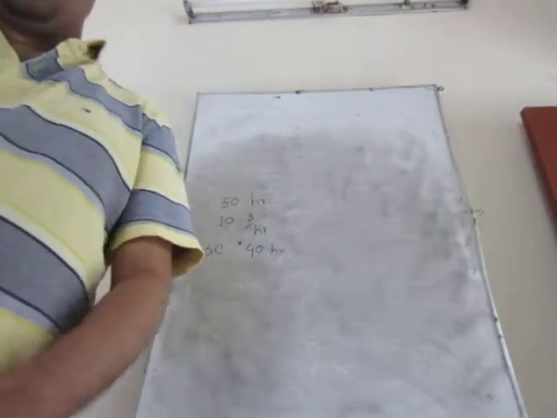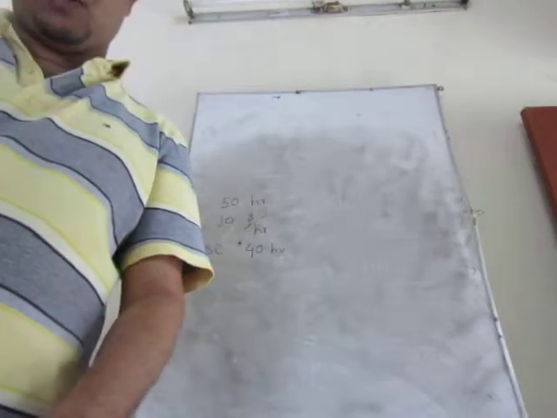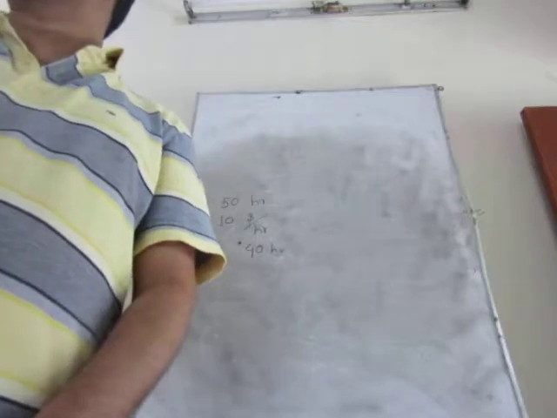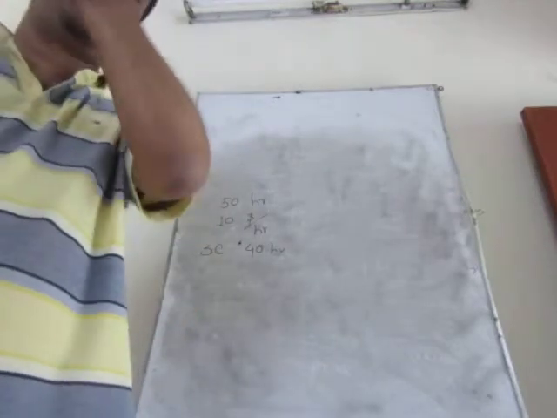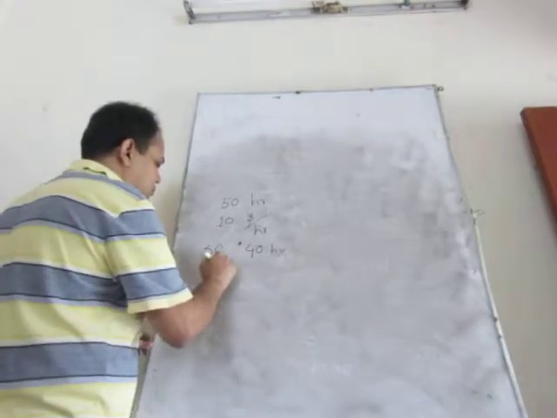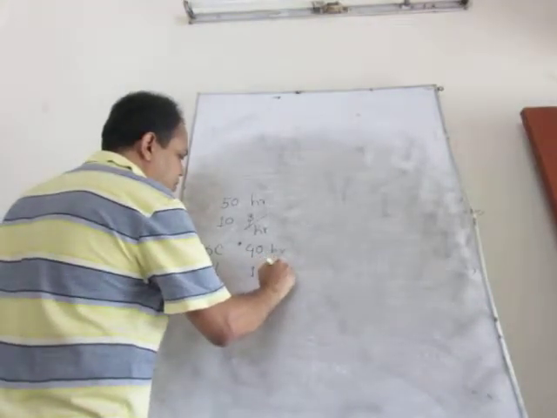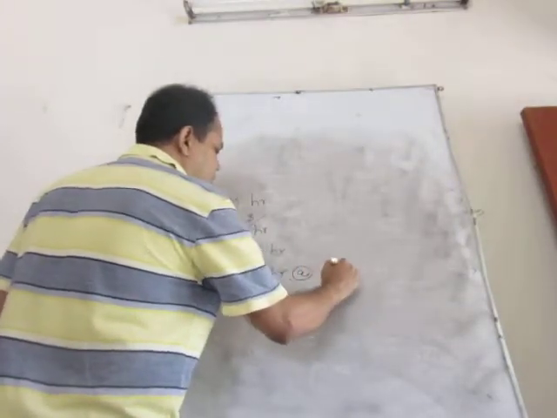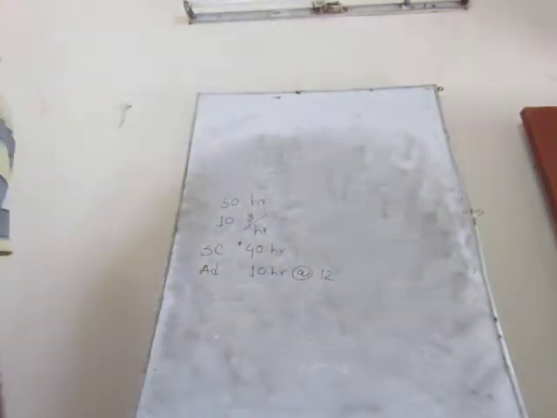The extra 10 hours would be worked in overtime, for which the additional pay is 12.5. Additional 10 hours at 12.5.